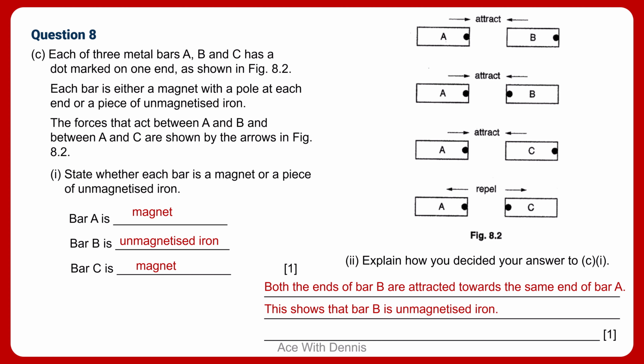Okay, the second thing is, how do you know bar A and bar C are magnets? This is because bar A and bar C repel each other. This indicates that they are magnets. Alright, so remember that only magnets can repel each other.